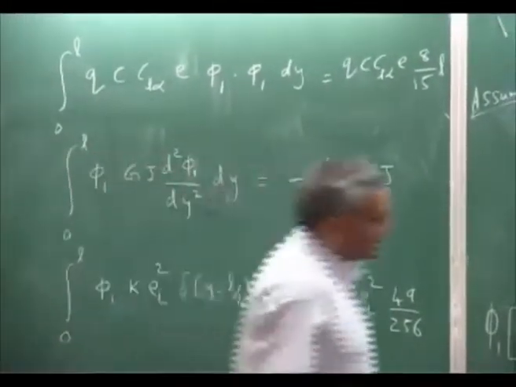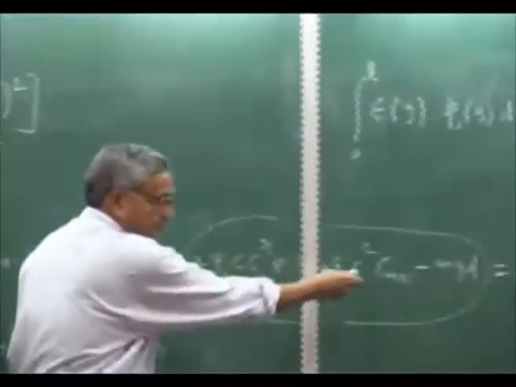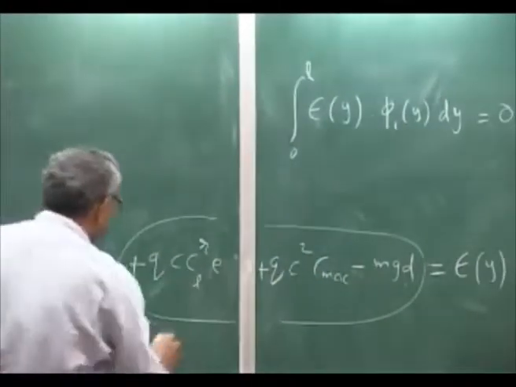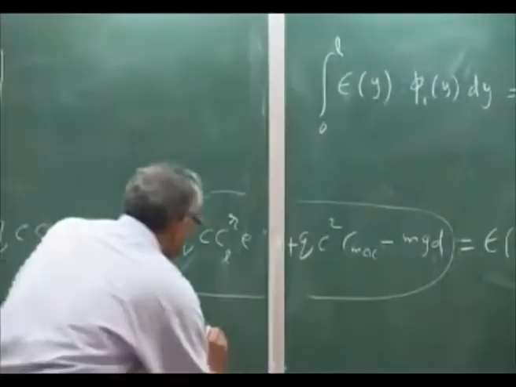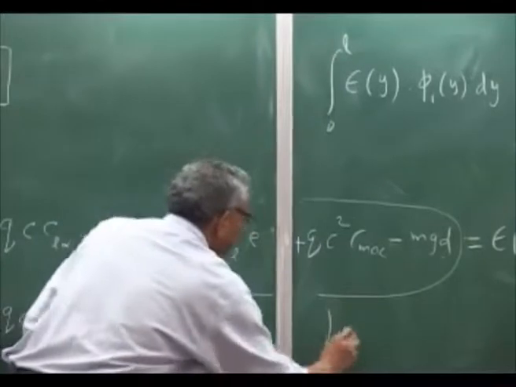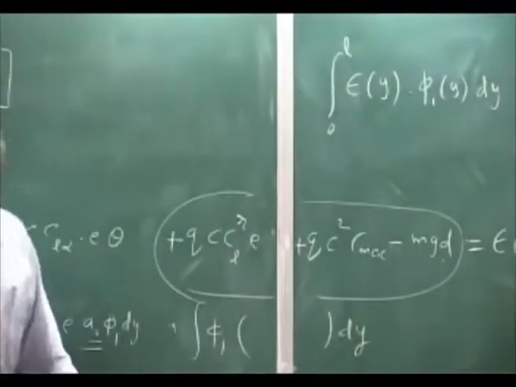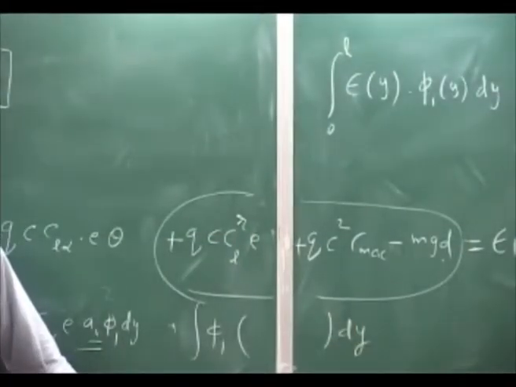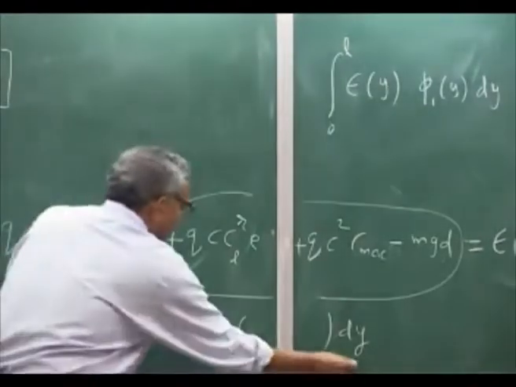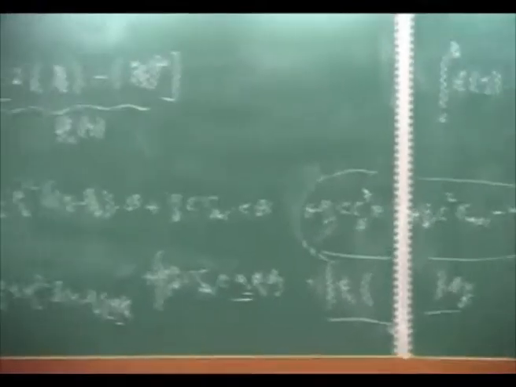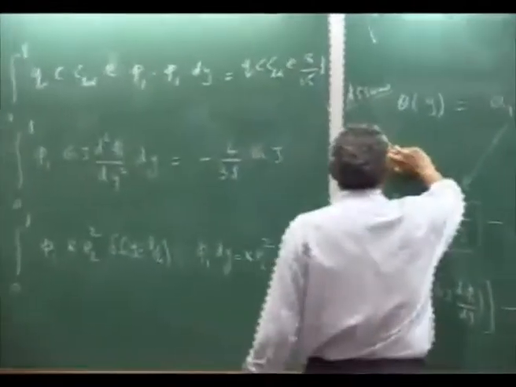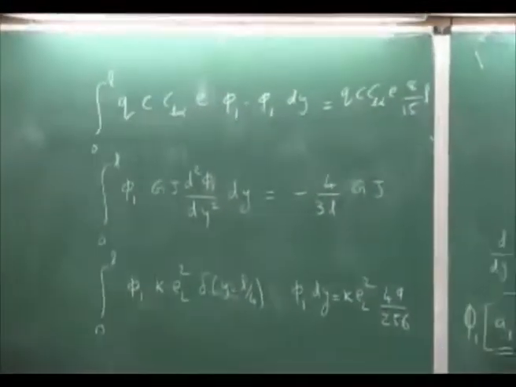And the other integral is independent of theta, so I will have plus some integral P1 into the entire quantity, into dy. This I can call by some Q or whatever it may be. Therefore, now I am going to write my equation.